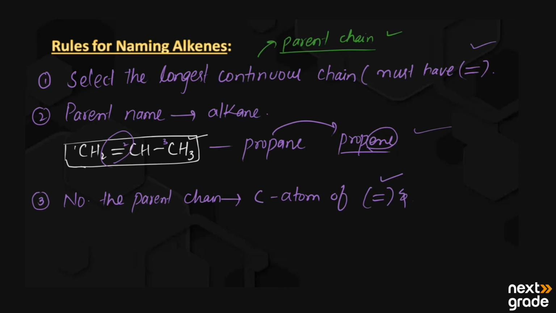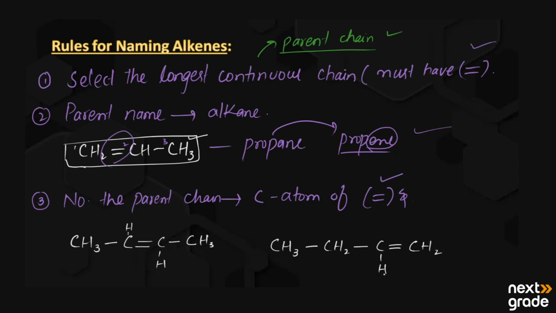Likewise, if we have two situations like this: one compound is CH3-C=CH-CH3, and in the other situation we have CH3-CH2-C=CH2. These are the two compounds, compound number 1 and compound number 2.